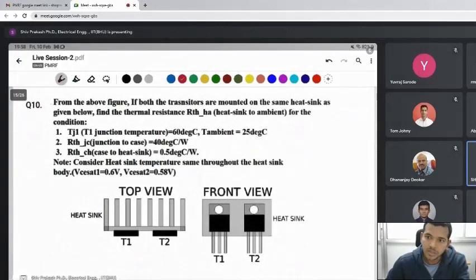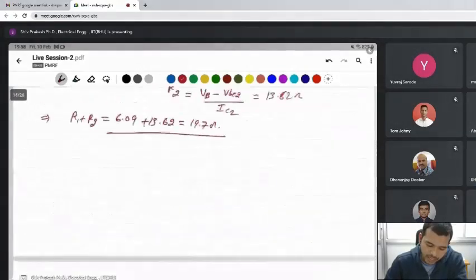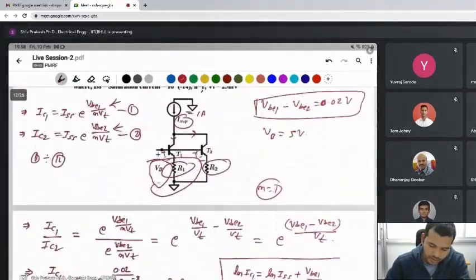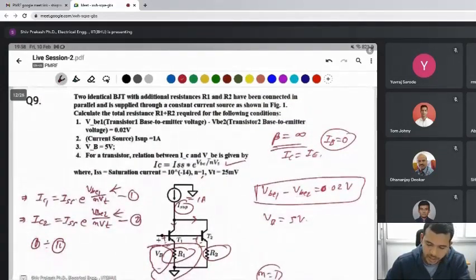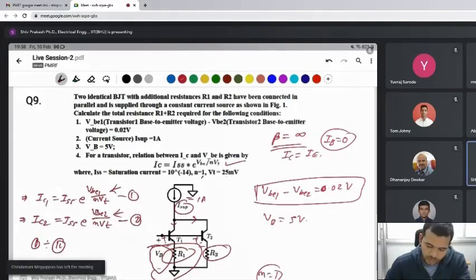Sir, you are taking beta equal to infinity. Yeah, beta is not given in the question, so you can take beta as infinity. If beta is mentioned here, then you take the given beta value. Is it always like that, sir?